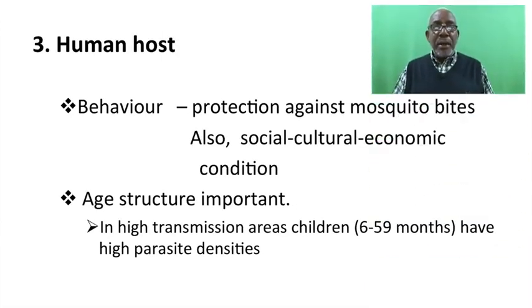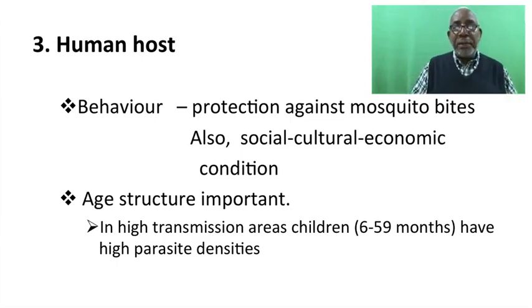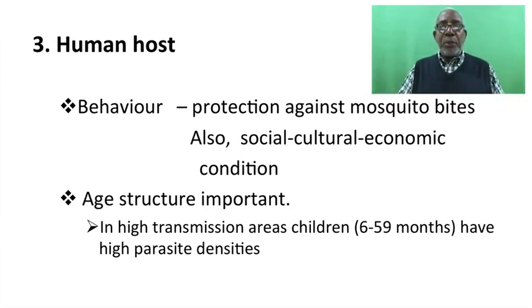The human host becomes important, and this is translated in terms of protection: the ability of the human to protect themselves against mosquito bites. So in areas where mosquito nets are used or scaled up, the ability of the population to afford the nets and the tendency to use the nets becomes important.